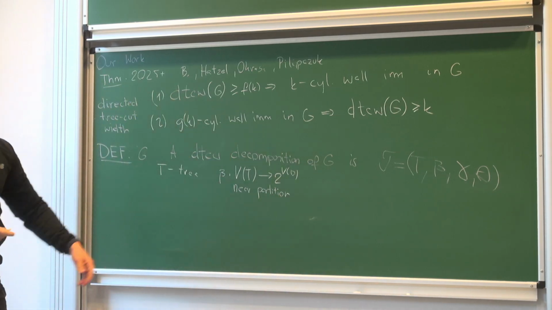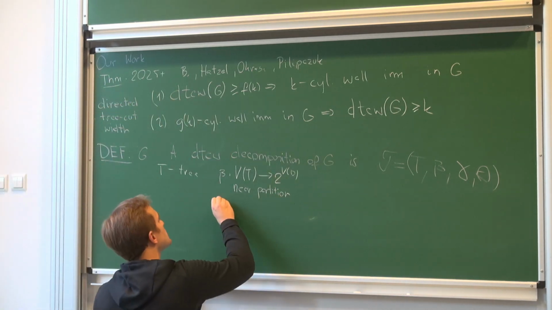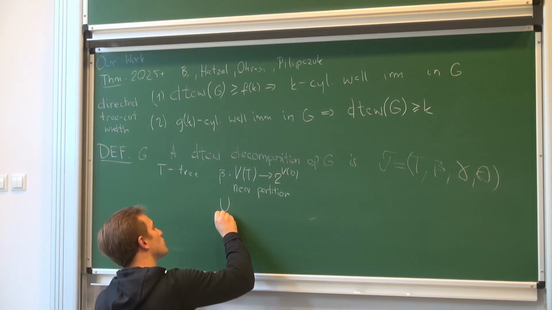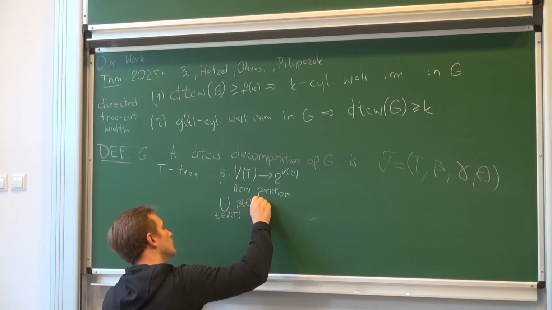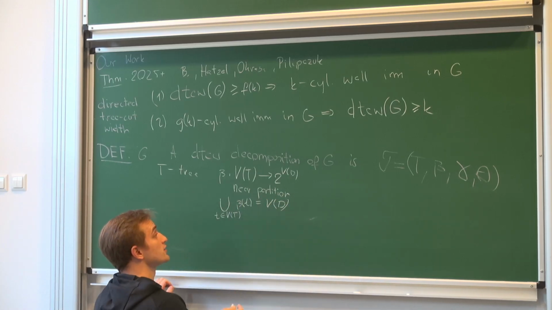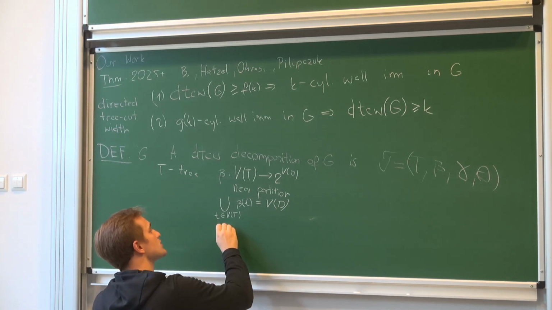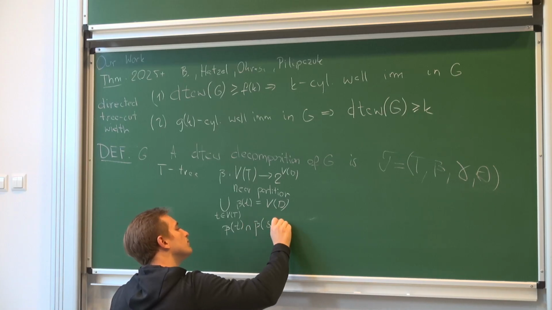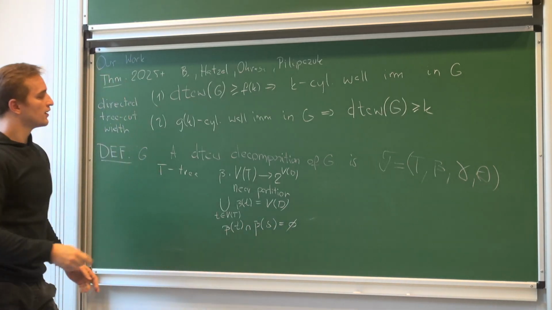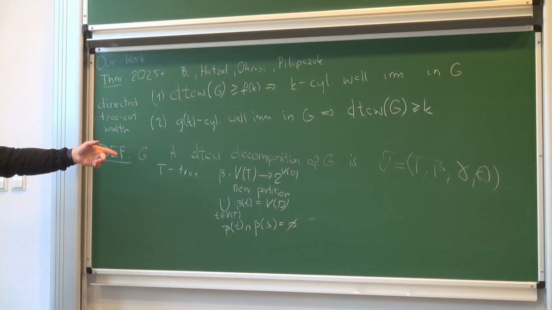And what does it mean that it's a near partition? Well, it just means that every vertex appears somewhere, and no vertex appears in two places. And it's a near partition because some bags might be empty.